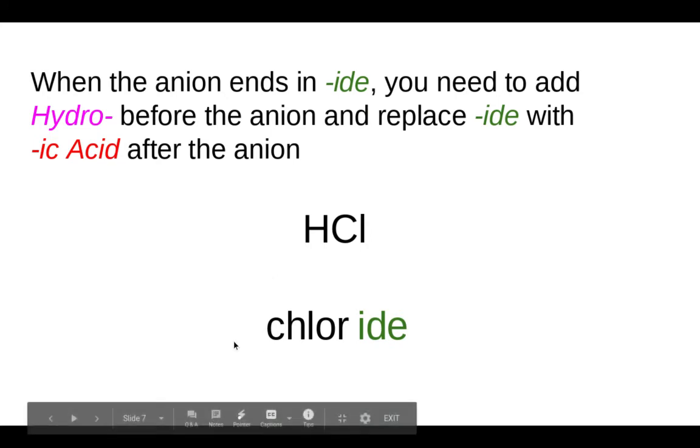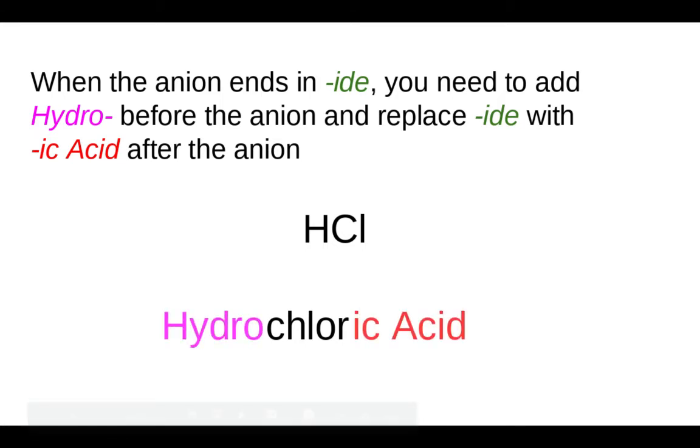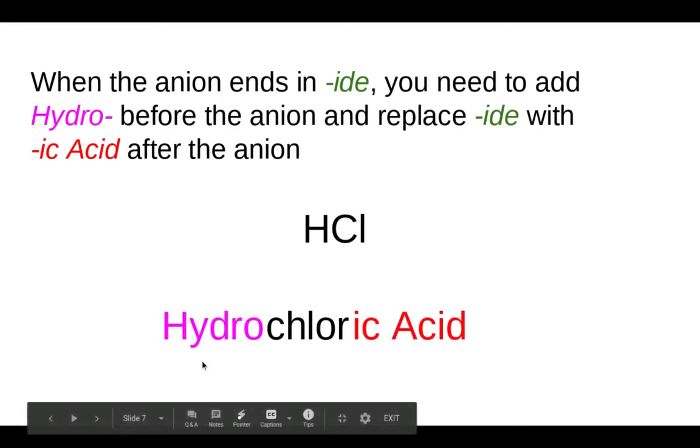So here we're going to add hydro, and then this chloride, we need to remove the IDE and replace it with ic acid. So let's have a little look here. We remove the IDE, add hydro before, and then ic acid after. And then that is the name of our acid, hydrochloric acid, okay?